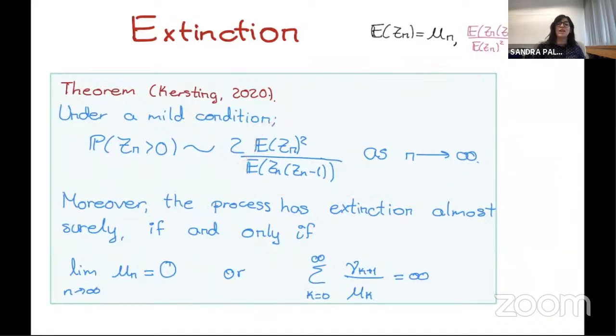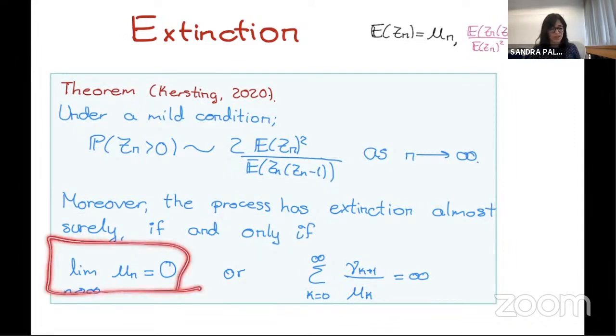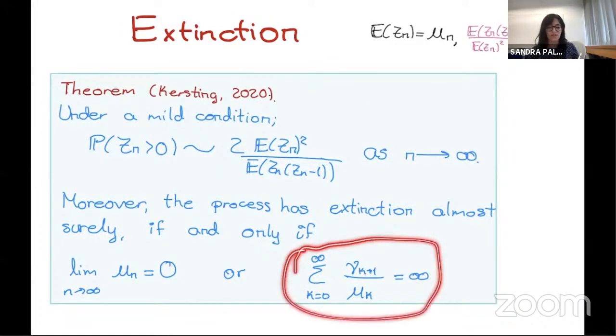And moreover, he showed that the process will have extinction almost surely if and only if either the mean goes to 0, that means that the limit of mu(n) is equal to 0, or that series, which is the same as this one, goes to infinity. Then the inverse will also go to 0.